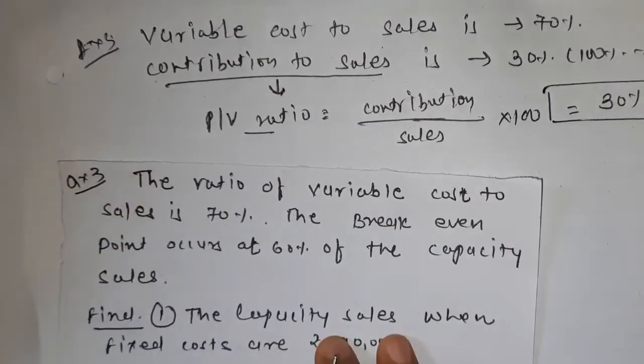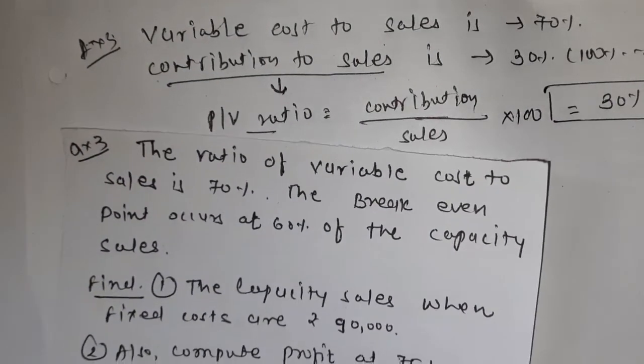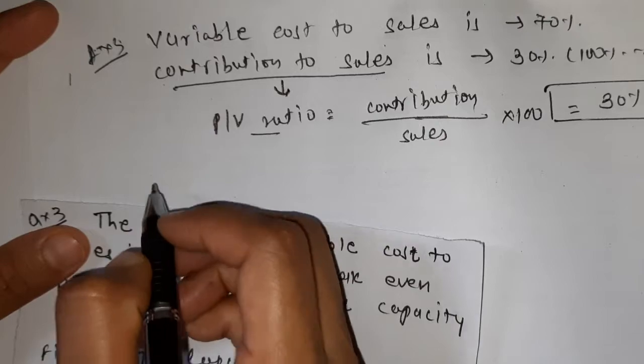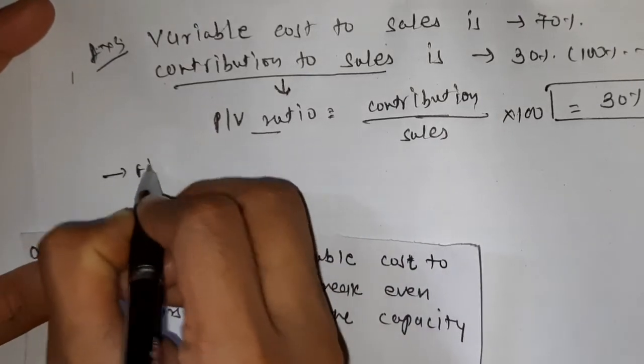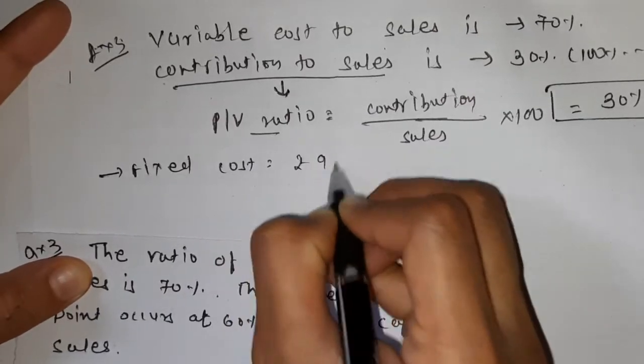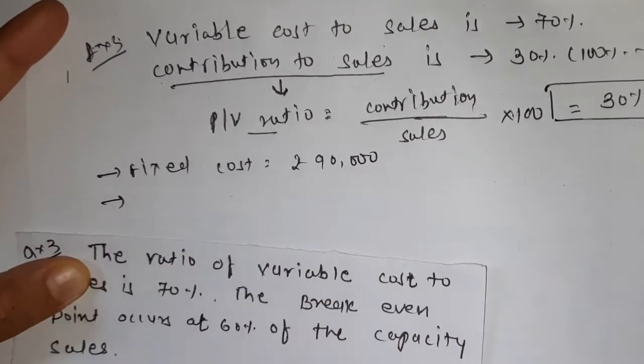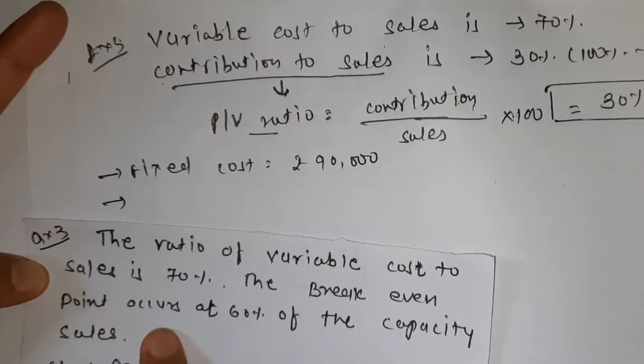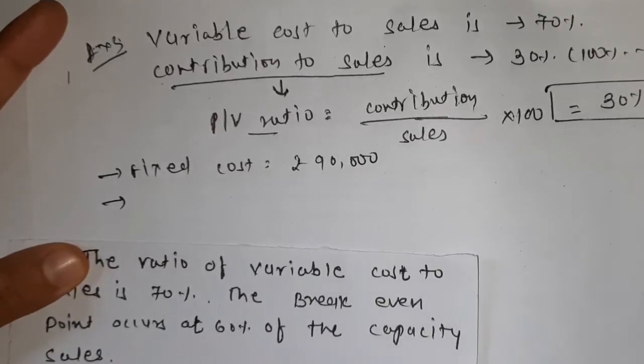Okay. Now put the another information. Fixed cost is given 90,000. And BEP occurs as 60% of capacity sales.